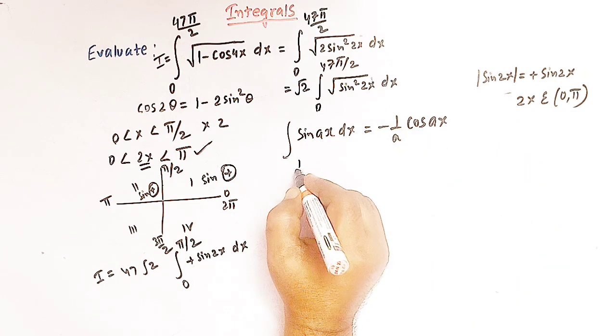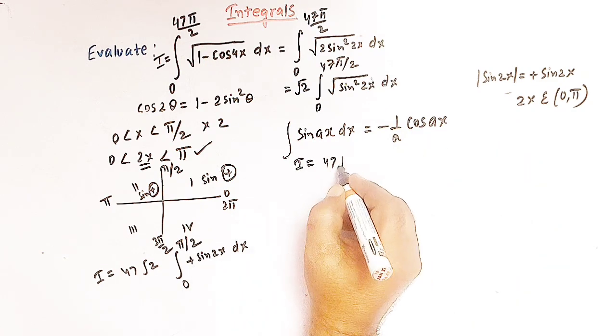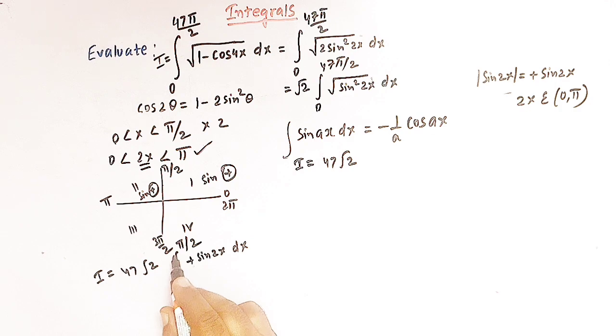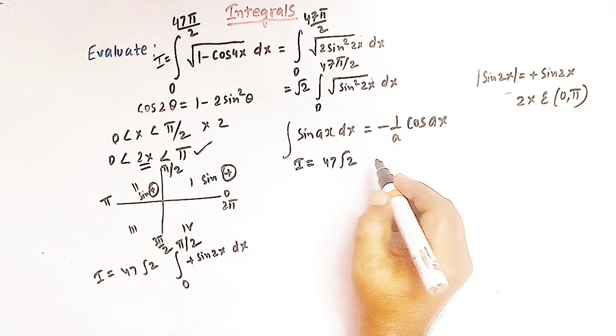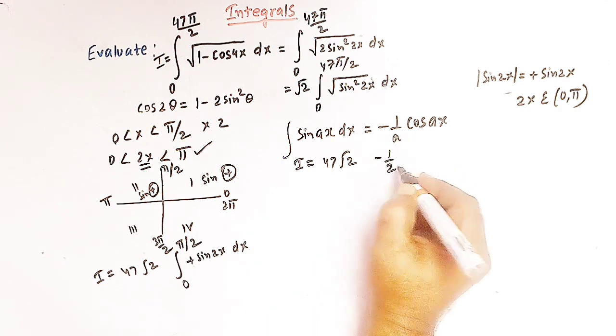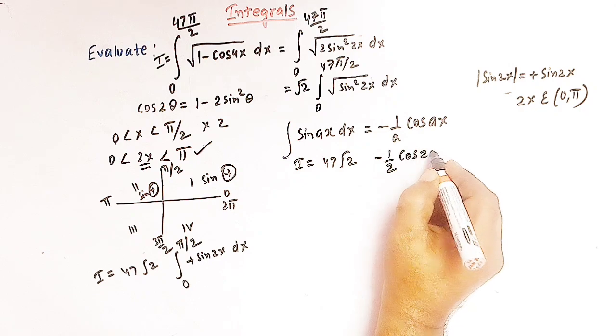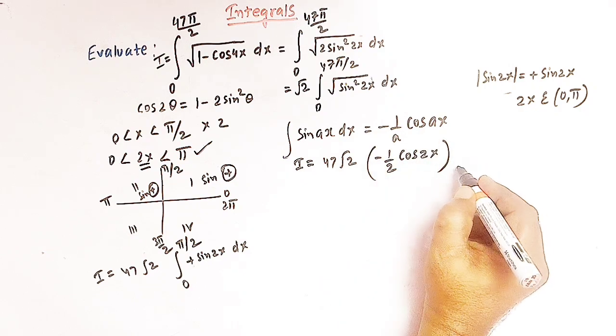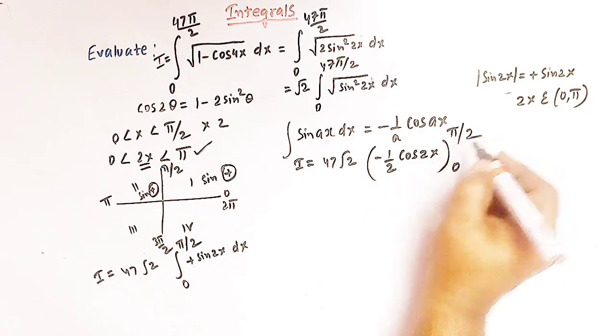So I is equal to 47 root 2, and the integral of sine 2x is given by minus 1 over 2 cos of 2x, and the limits of integration are from 0 to pi by 2.